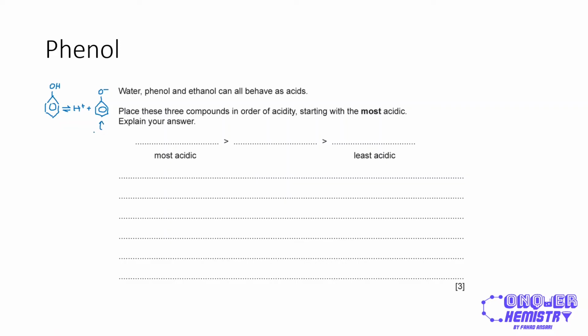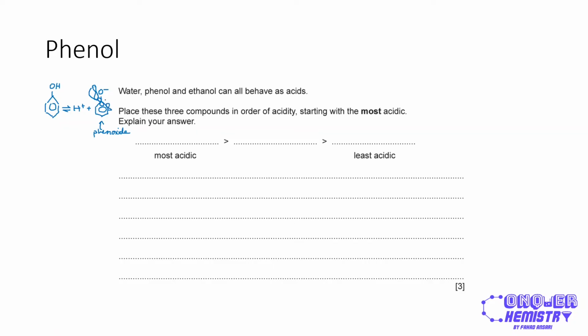The thing about this phenoxide ion is that the oxygen, which is negatively charged, has a lone pair in a p orbital. So if I show this p orbital over here, it carries a lone pair, and this overlaps with the pi bonding ring of the benzene.